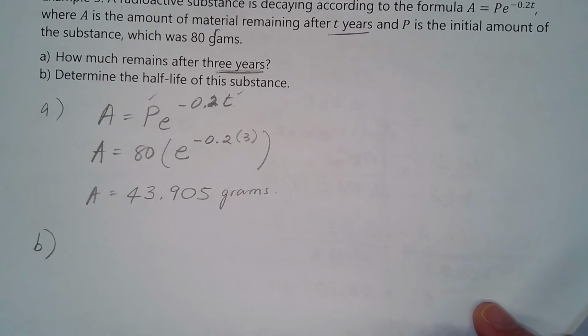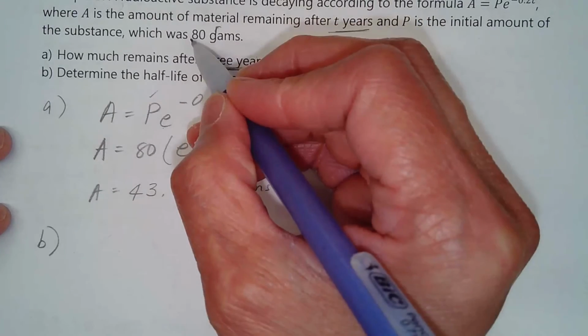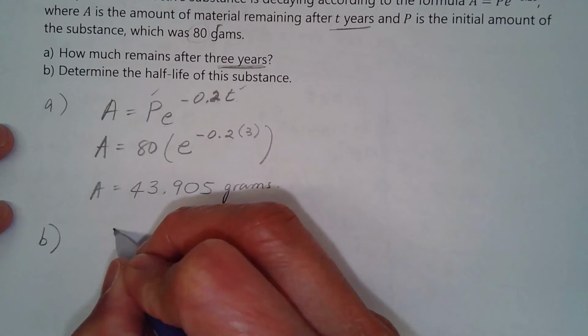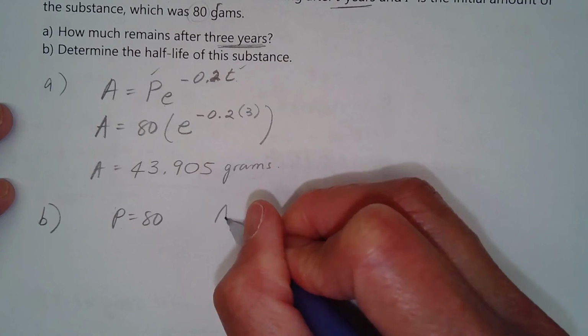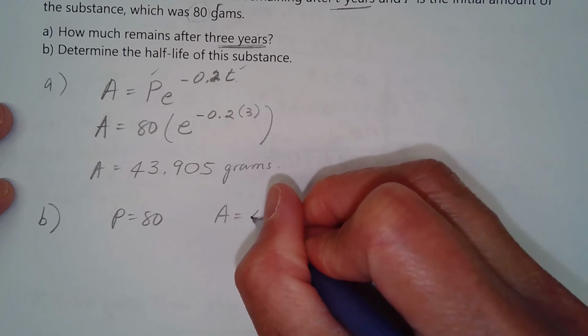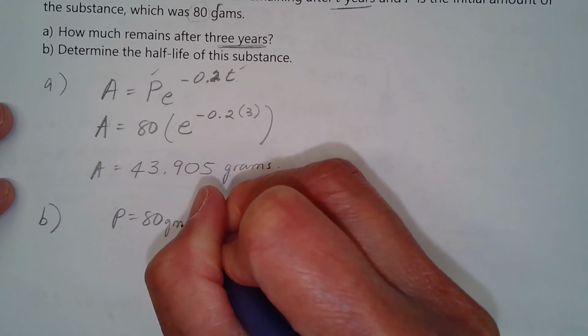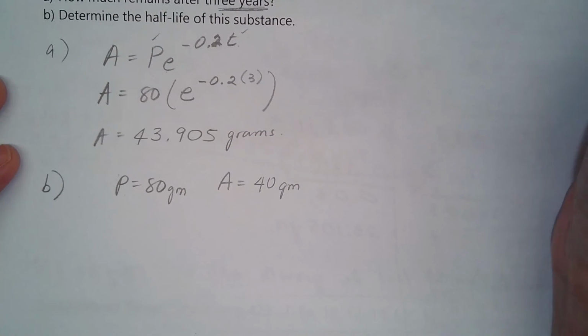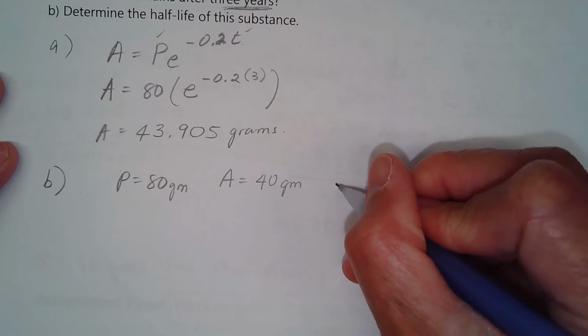Now if it starts with 80, so I'm going to write that down, P is 80. Half-life means the amount would be half of that, which is now 40 grams. The rate is still the same, right?